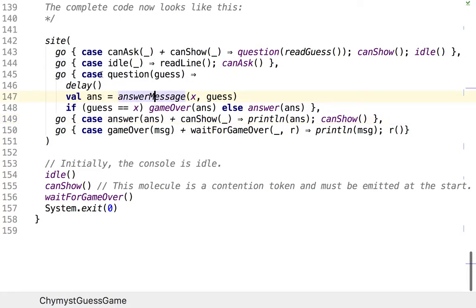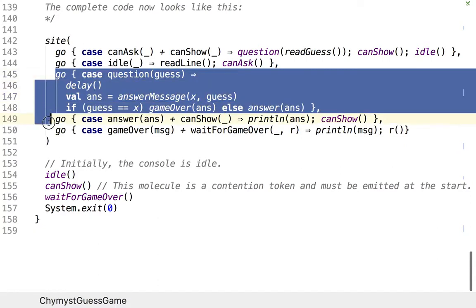So this is one illustration of the automatic parallelism that the chemical machine has, and you have seen during the game that many answers arrive at the same time, or almost at the same time, asynchronously. And this is because these answers have been computed in parallel, and they take different time to compute.